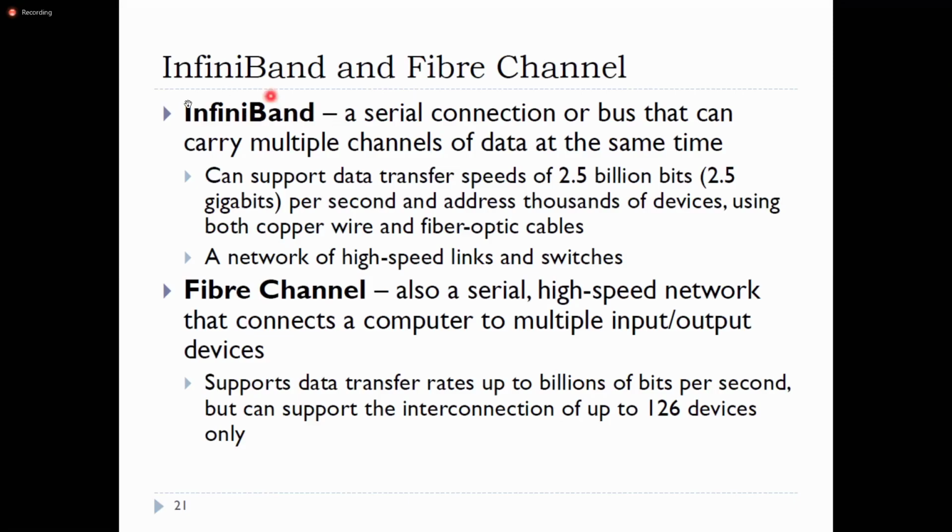This is an interface, and where do we actually use this? First of all, it can support data transfer speeds up to 2.5 billion bits per second. So can you guess in which sort of devices we use it? Actually, we use it in networking devices where we can connect our networking copper wire or fiber optic cables.